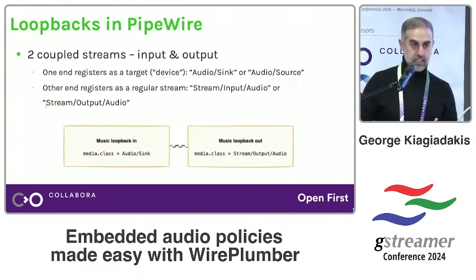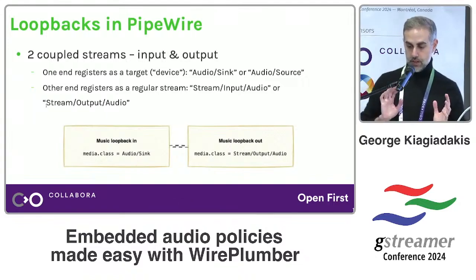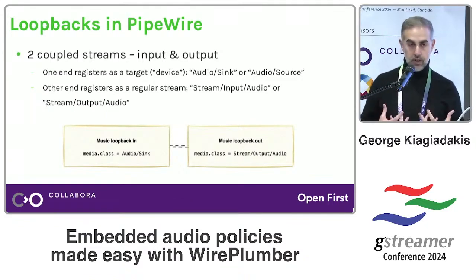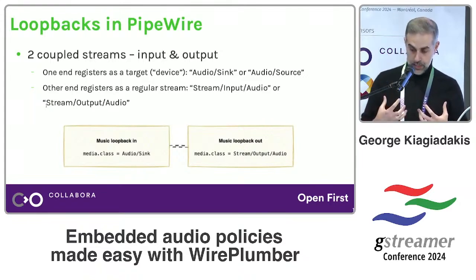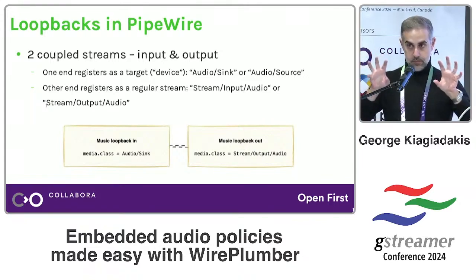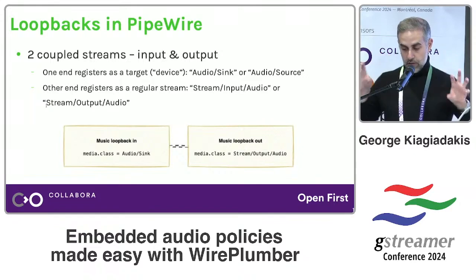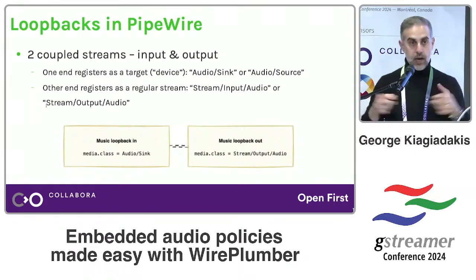How are loopbacks implemented in PipeWire? They are typically two coupled streams. One input node, and one output node. They appear as different blocks on the PipeWire graph, but they are in fact coupled underneath.